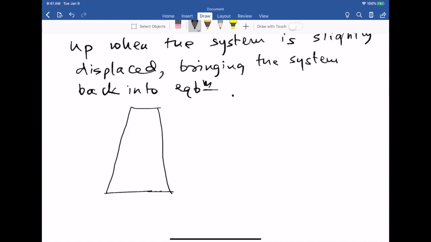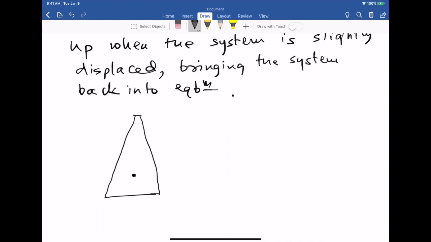Let's say the center of mass of this will be somewhere over here, where you have more mass, right?